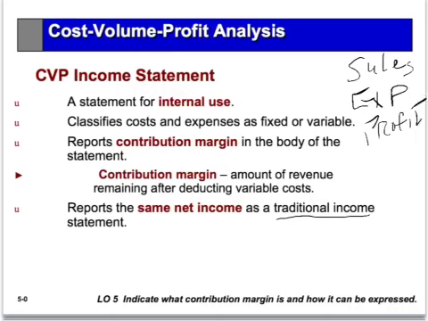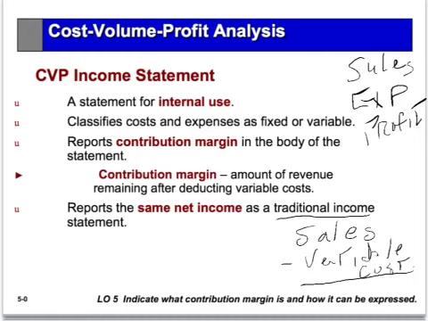The contribution margin, we are looking at sales minus variable costs. Now, as sales increase, variable costs increase. So the difference between these two is called the contribution margin.